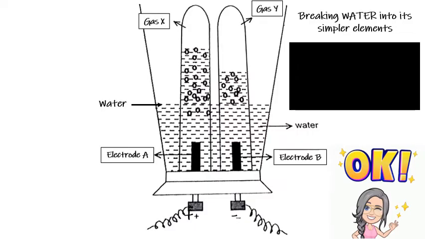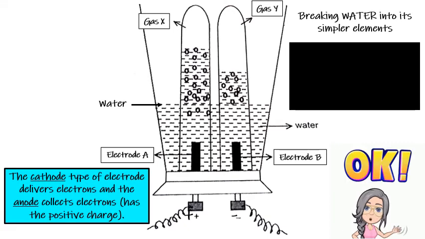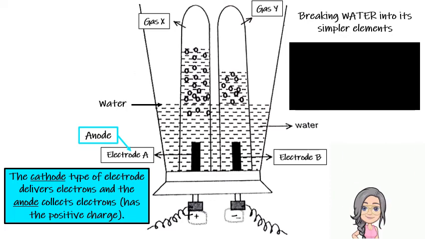Let's use this slide to make an overview and revise the electrolysis of water. Electrolysis of water is the decomposition of water into oxygen and hydrogen gas. That's right. The electrolysis of water process uses two electrodes. One of them is positively charged and the second one is negatively charged. The positively charged electrode is the anode. What about the negatively charged electrode?